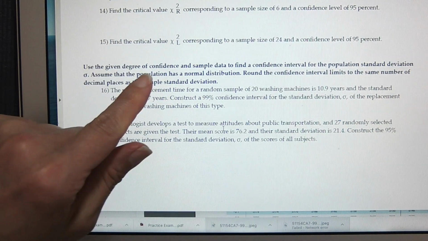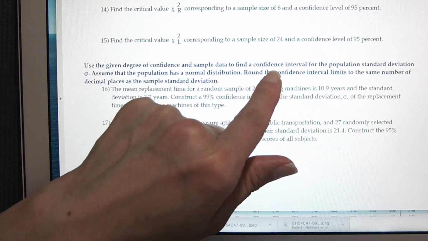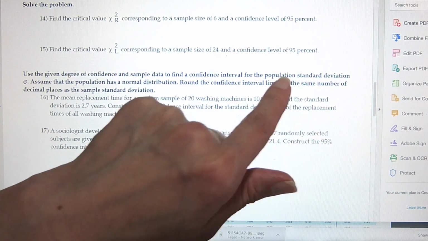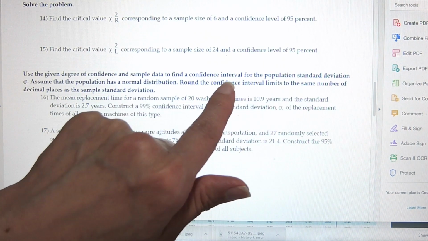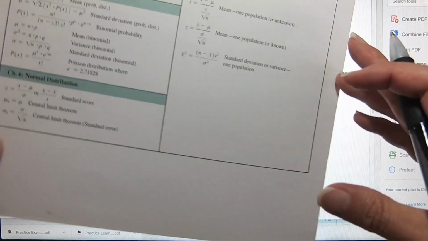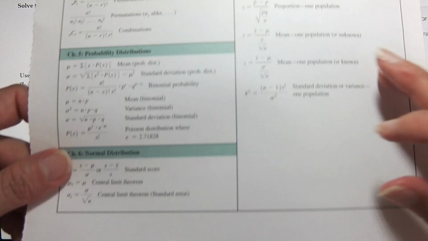The question says confidence interval for the population standard deviation, which means chi. So look at the formula. Here's my formula.